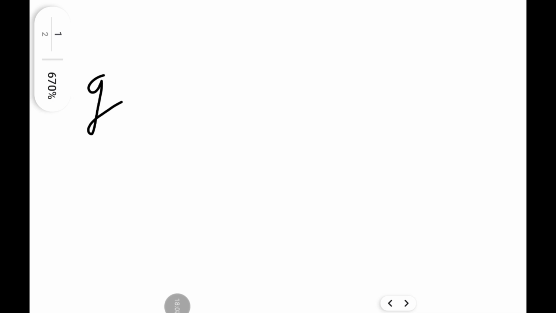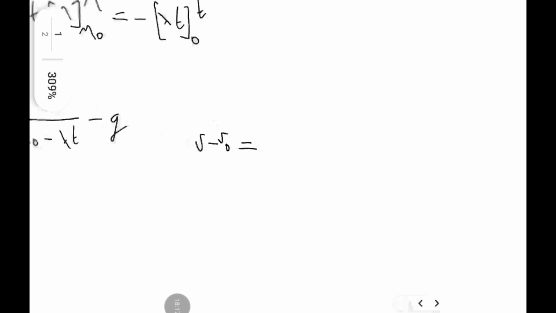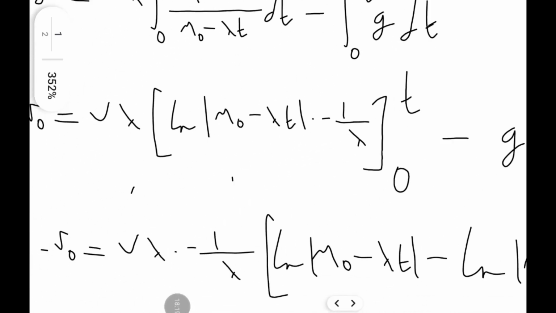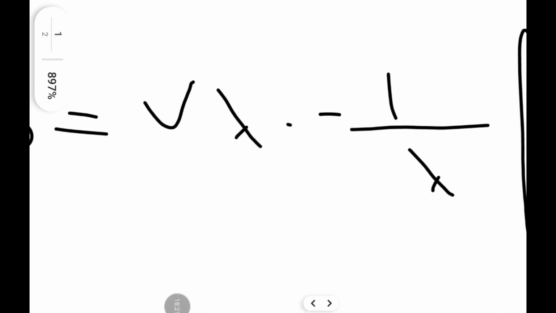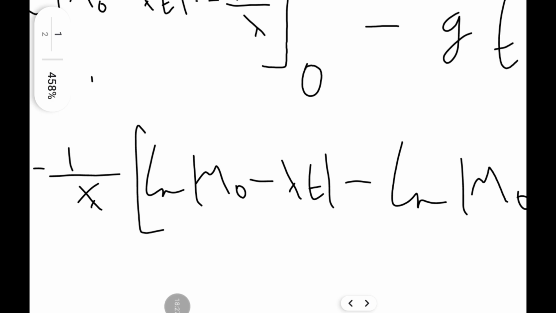To finally solve that, we want to flip that around. So we're going to get v minus v0 is equal to, and let me just write it out. I want to quickly show you what's going to happen. That lambda is going to cancel out with that, and that minus sign is going to flip these around. It's going to flip these to ln of m0 minus ln of m0 minus lambda t.